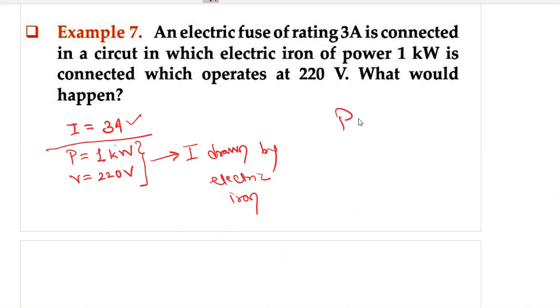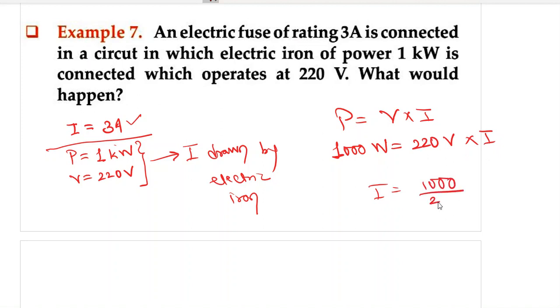So we know that P is equal to V into I. 1 kilowatt is nothing but 1000 watt in SI unit, is equal to voltage 220 volt multiplied by I. So I is equal to 1000 upon 220.